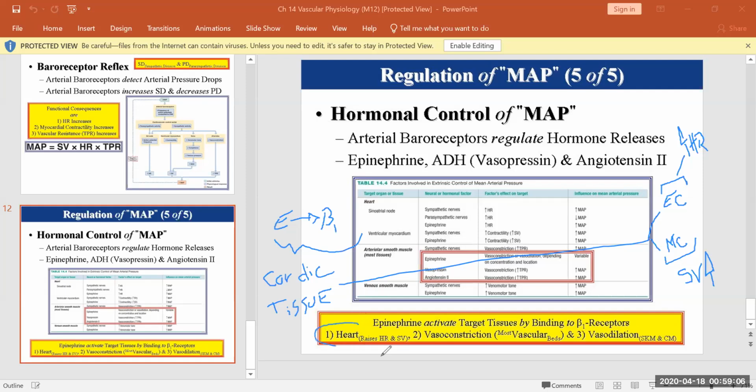This, number one, is due to epinephrine binding to beta-1 adrenergic receptors. Okay, so that's for epinephrine and beta-1. Let's erase this. Keep epinephrine.